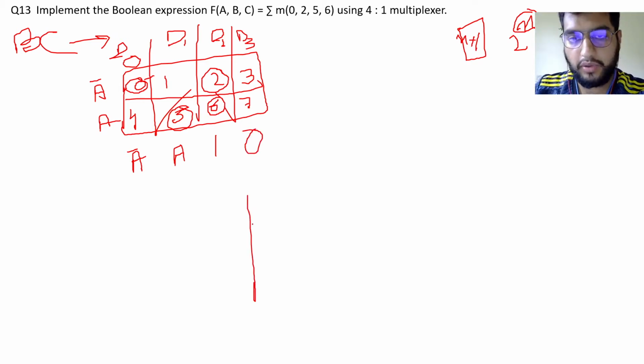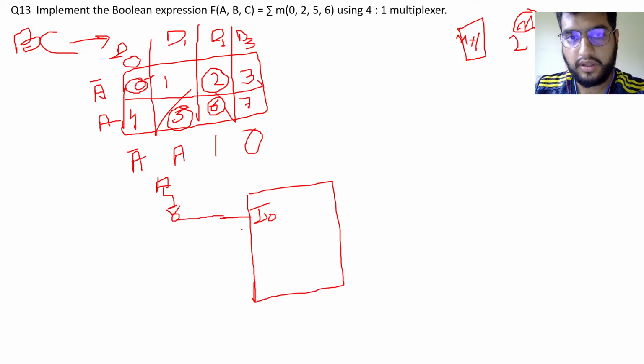So the given function will be represented by a 4:1 mux by connecting I0 to A bar, so we will have A coming like this, going to a NOT gate, and A will be connected to D1.